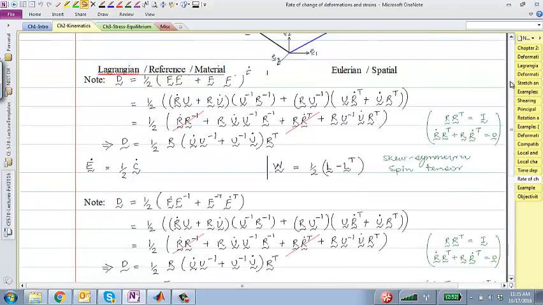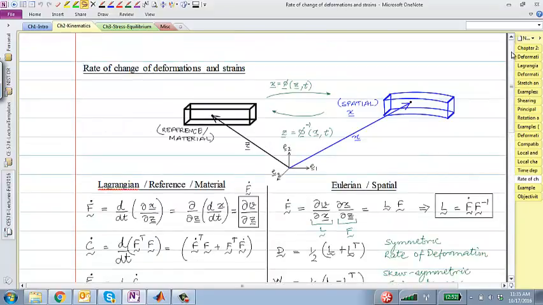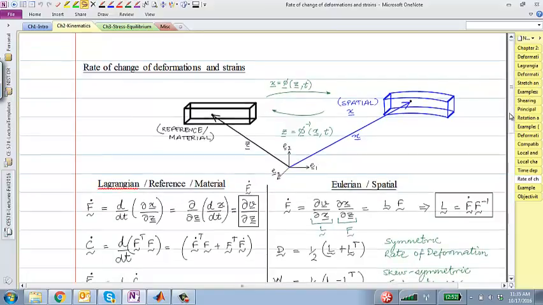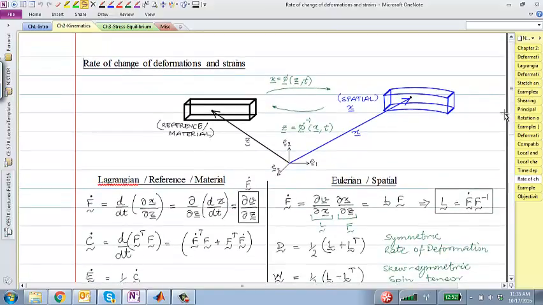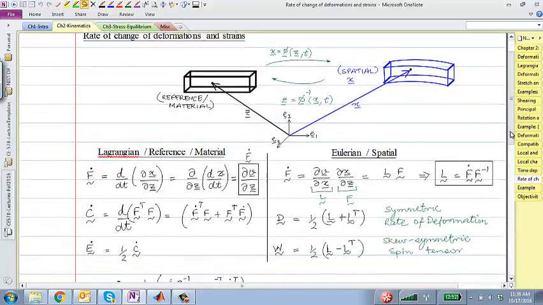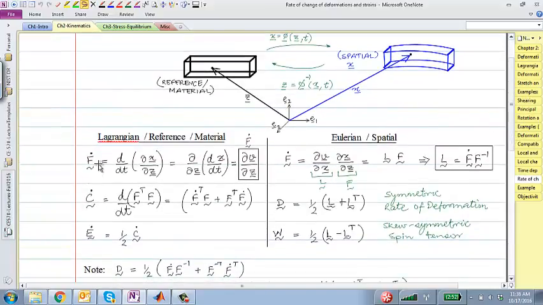Continuing with that, some more definitions of time-dependent quantities. In the static case, we came up with F, the deformation gradient going from the undeformed configuration to the deformed configuration. When we have time dependence, we can measure the rate of change of F. The single dot up there means d over dt.